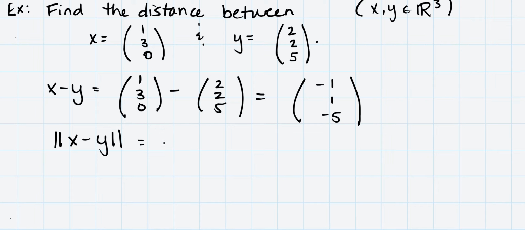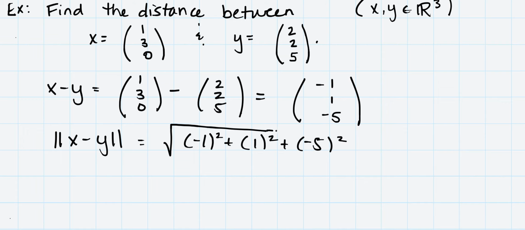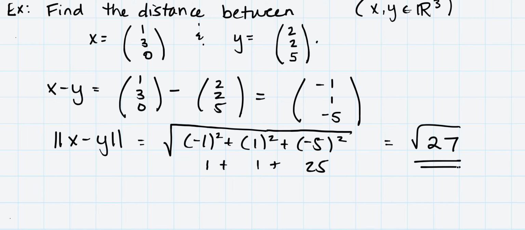So this is the square root of this one squared plus this one squared plus the last one squared. So this is 1, this is 1, and this is 25. So we get the square root of 27. Maybe I shouldn't put two lines there because I have two lines here. I'm going to circle it instead. So that is the distance between these two vectors.